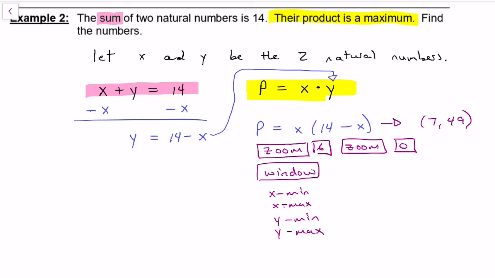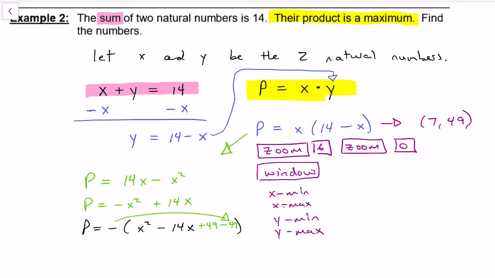Okay, if you want to do this algebraically, you can solve it by expanding and then completing the square, because all we're doing is finding the vertex. So P equals 14x minus x squared. x squared should be first, so rewrite it: negative x squared plus 14x. Factor out the negative, so I have x squared minus 14x. Leave yourself lots of space. Half of negative 14 is negative 7, squared is 49, so I add 49 and subtract 49.